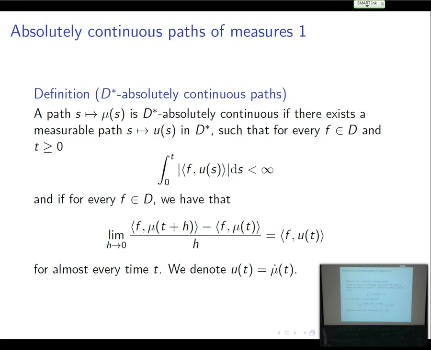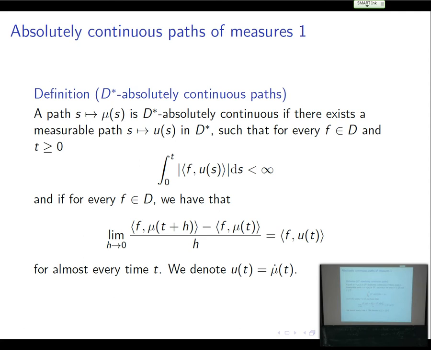So I'll say that the path of measures is D star absolutely continuous if there exists a measurable trajectory in D star for the weak star topology on D star, such that for every f in D, I have that this integral is finite.